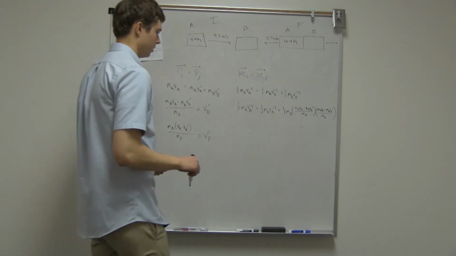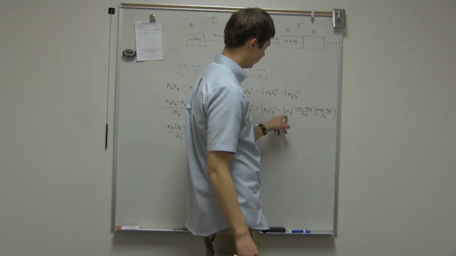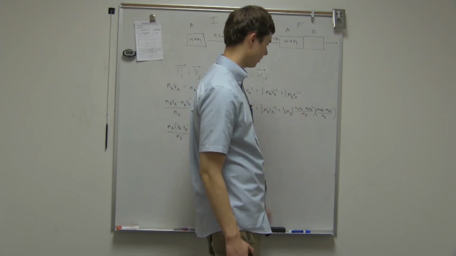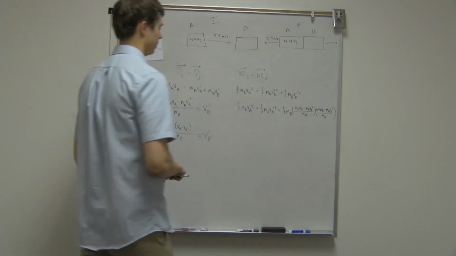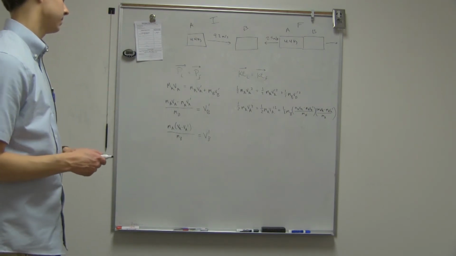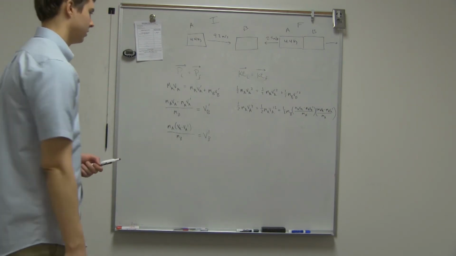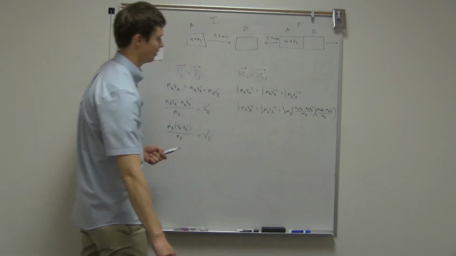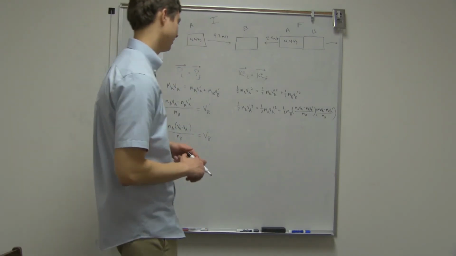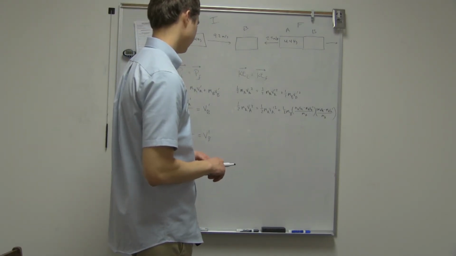I want to say that we'd get some cancellation, that one of these MBs would cancel out with one of those MBs, but I don't know if I'm totally confident in that. So I might just want to plug in to this equation.